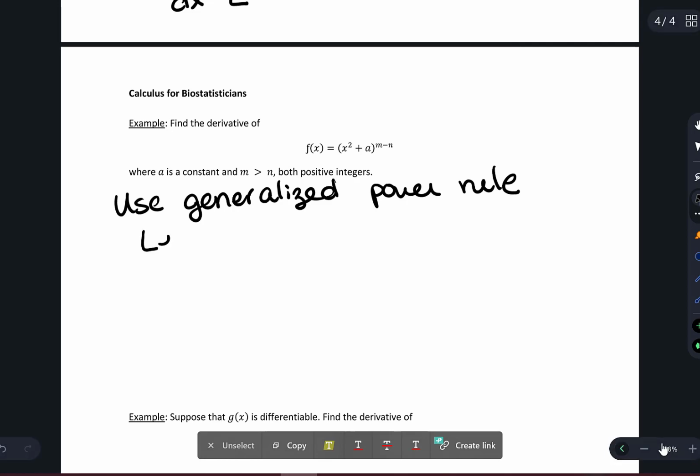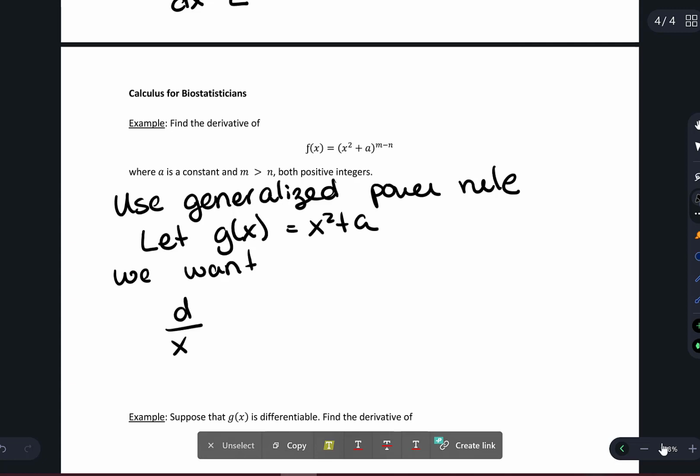So here we're going to let the g of x, or that inner function, be equal to x squared plus a. And what we want is the derivative with respect to x of g of x to the m minus n.